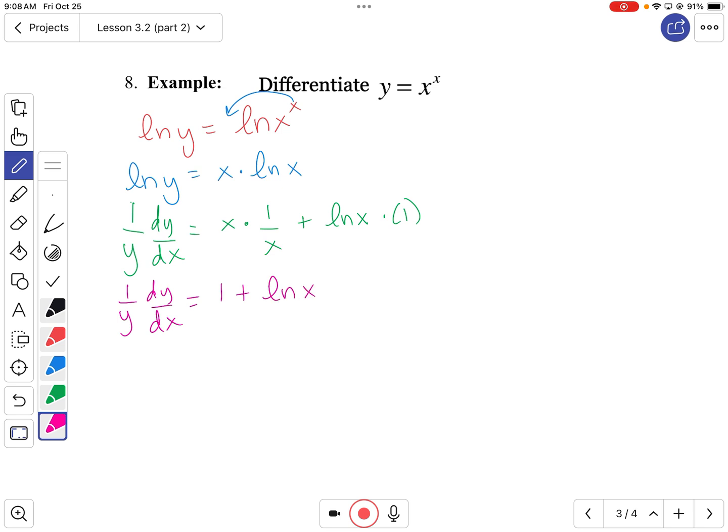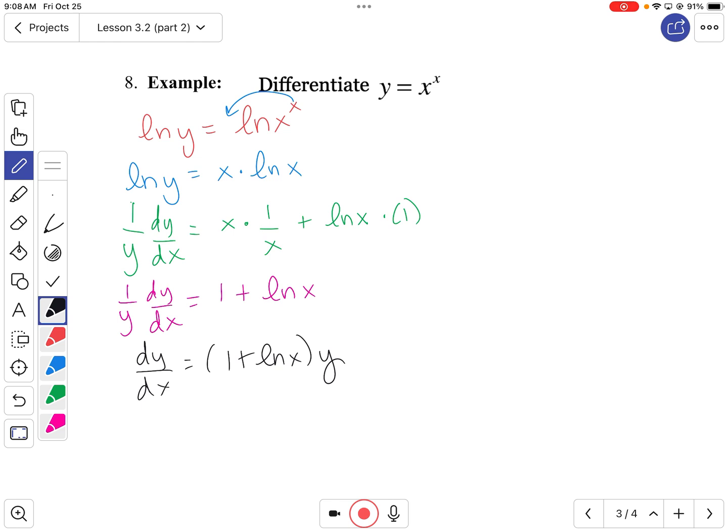We need to get dy dx by itself. So how would I do that? Multiply by y. Remember, you're multiplying that whole side by y. So I like to put it in parentheses so I don't forget. Now this is where we go back. My problem started with y by itself.